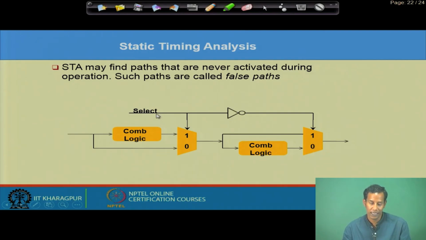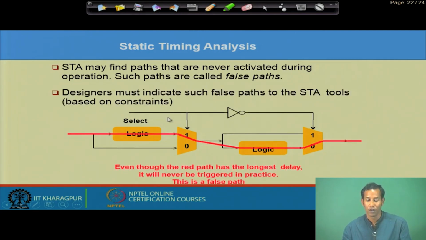Whenever this select is equal to 1, then this input is 0, so the corresponding logic will pass from this to this.